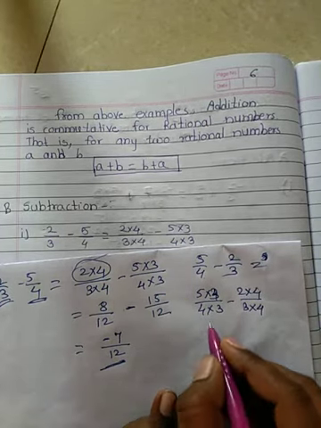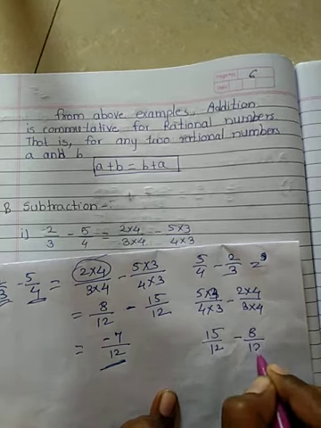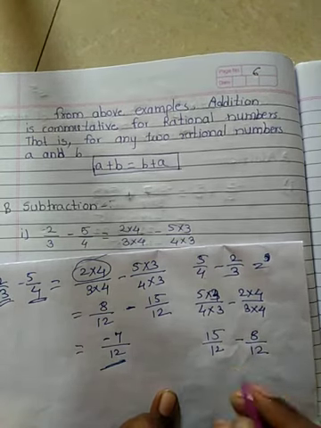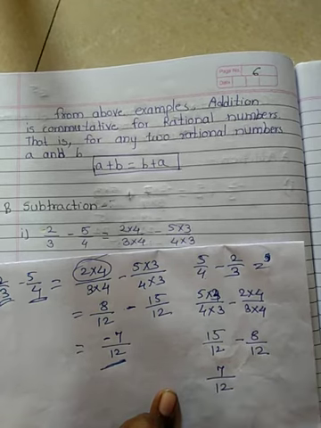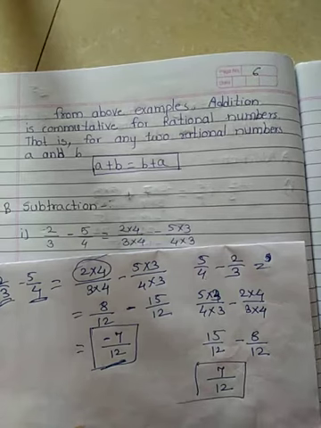Now 15 divided by 12 minus 8 divided by 12. Now 15 minus 8 will be 7 divided by 12. But here minus 7 by 12 and here 7 by 12, means the answer is different, correct?